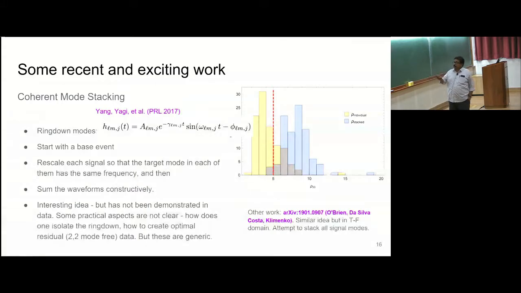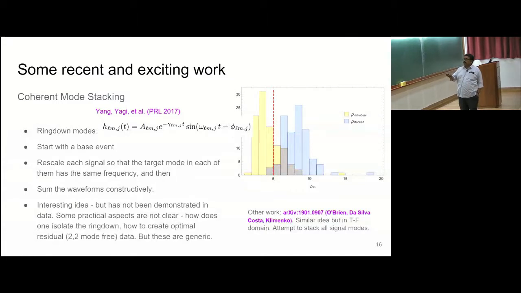So here is a plot which shows some measure of the presence of higher order modes versus, this is a histogram. For instance, these yellow bins are for individual events. It is possible that you have a golden event which has a very high power in the subdominant modes.